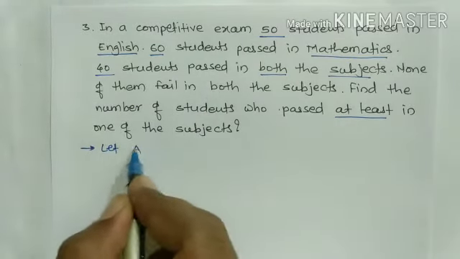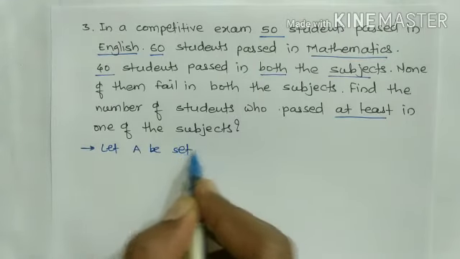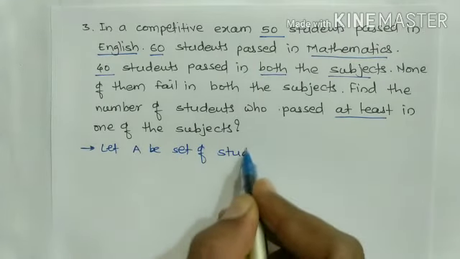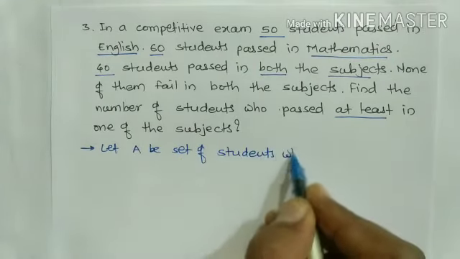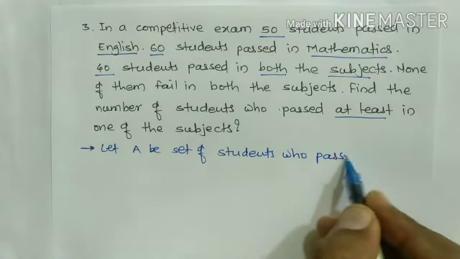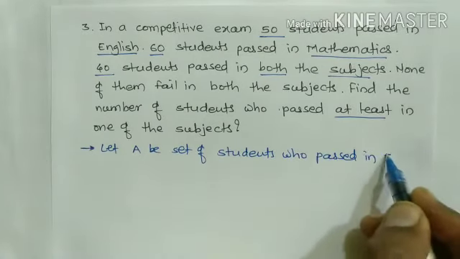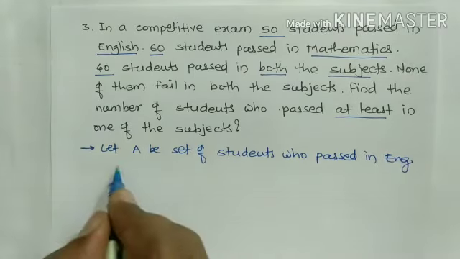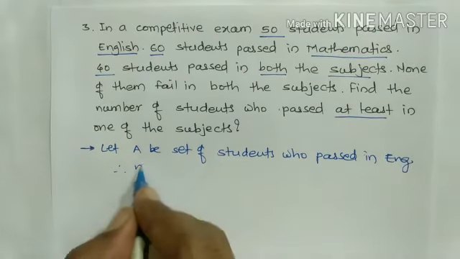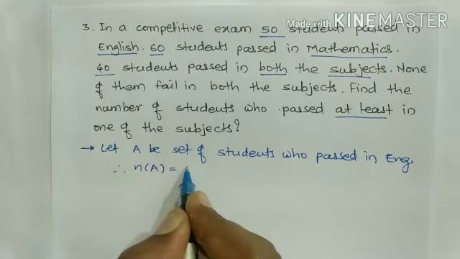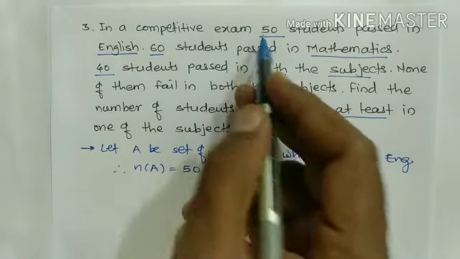Let A be the set of students who passed in English, and therefore number of A equals 50. Here it is given.